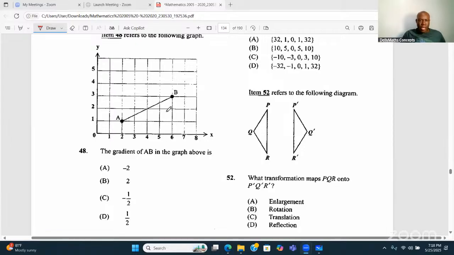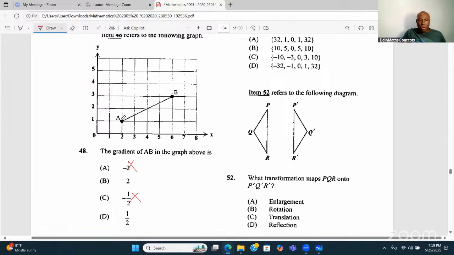AB. There are multiple ways you could do this. You could do this a long way to work out your gradient, or you could look at rise over run. So from A to B, we already see the line is positive. Whenever your line is set like that, it's positive. All negative gradients come like this. So we know it's not a negative gradient.